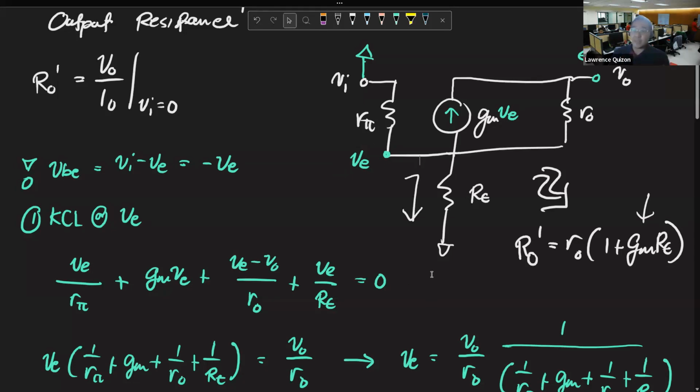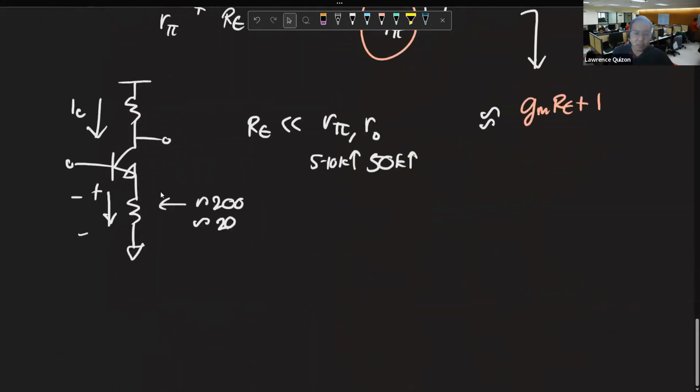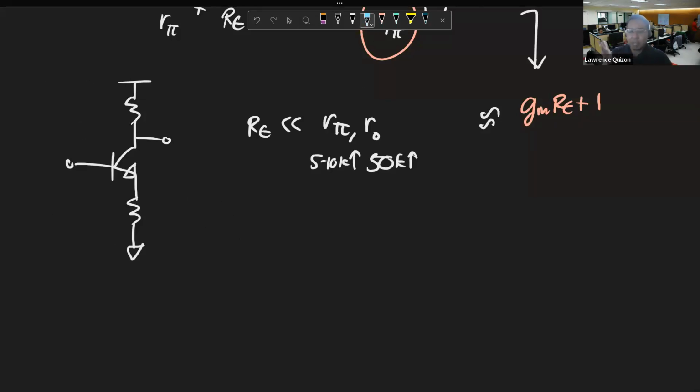Now, for the original circuit point of view, the explanation that kind of makes sense to me is that, si RL, kaso tinanggal natin si RL kanina, we'll add it later on. But here, from V out, we see R out, tapos we see RE.